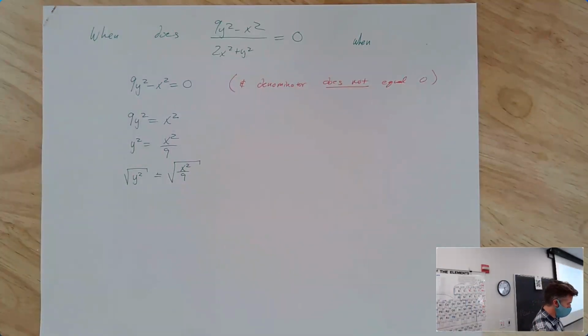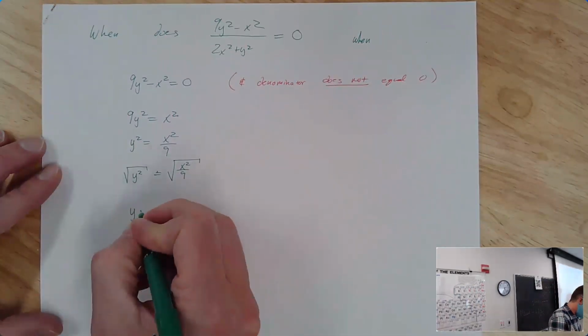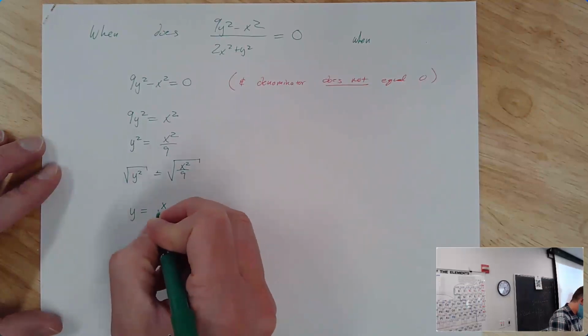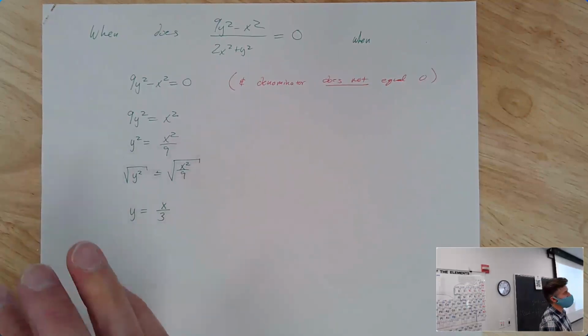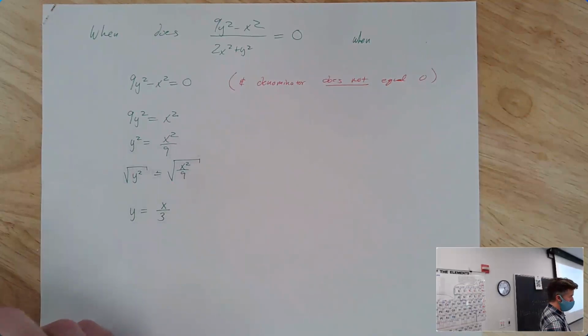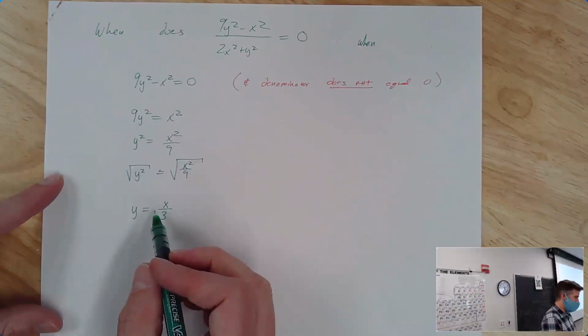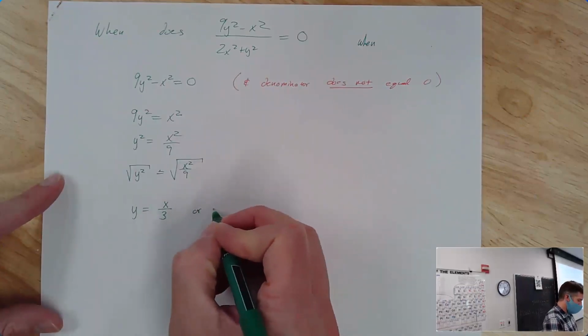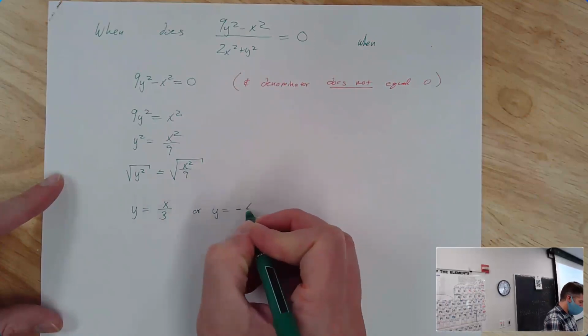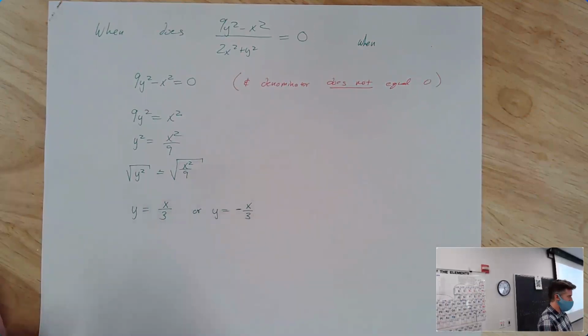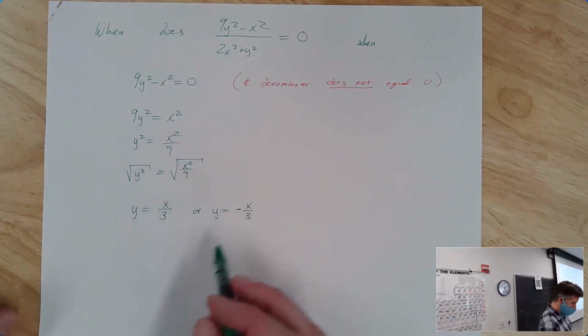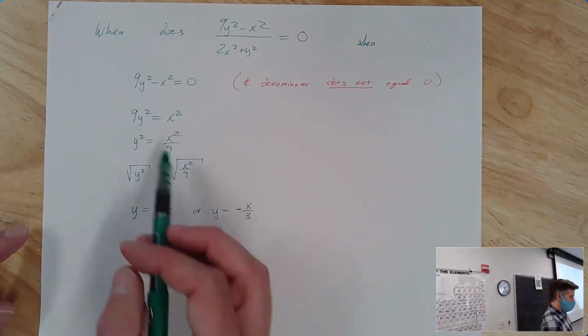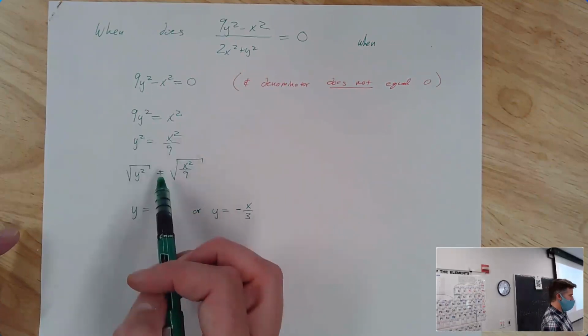So what am I going to get here? y equals x over 3 is one of the parts of the level curve, but that's actually not the whole level curve story. Because y could be positive x over 3, but y could also be negative x over 3. Think about it. If y was negative x over 3, would y squared equal x squared over 9?